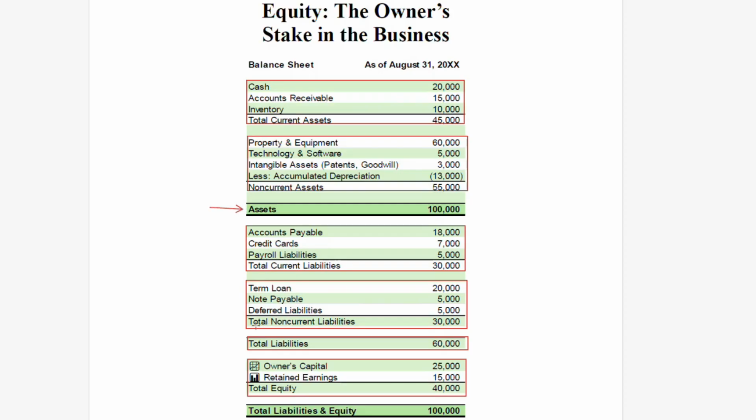Plus, remember our equation? Assets equals liabilities plus total equity. And total liabilities and equity equals our total assets. Okay? So like I said, it's simple math, not really a big deal.